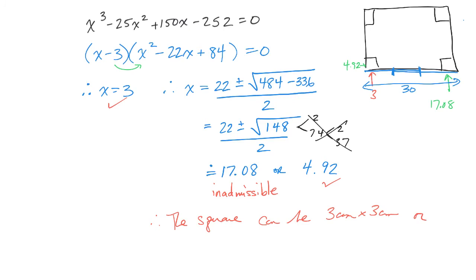The way we often say that is "or about." You could write in approximately 4.92 centimeters by 4.92 centimeters. Put your units on, and you've got a perfect solution.